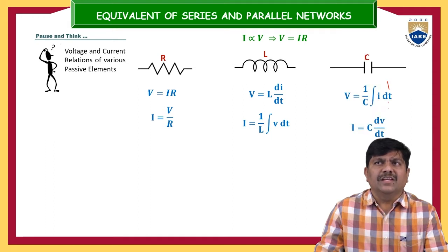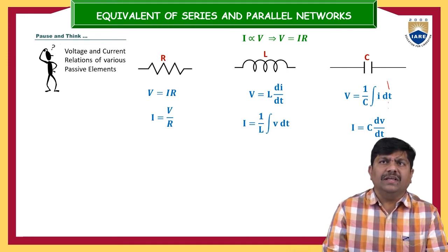And one more is capacitance C. The voltage across the capacitor, whenever it allows some current through its plates, is equal to 1 by C times the integration of I into dt. That is, current I is equal to C into dV by dt.